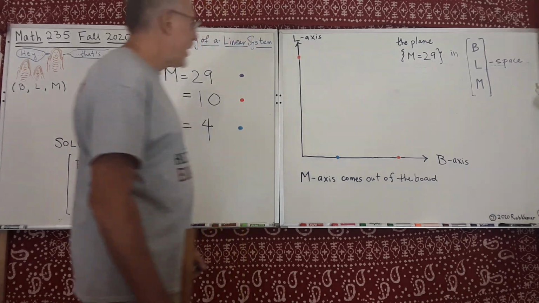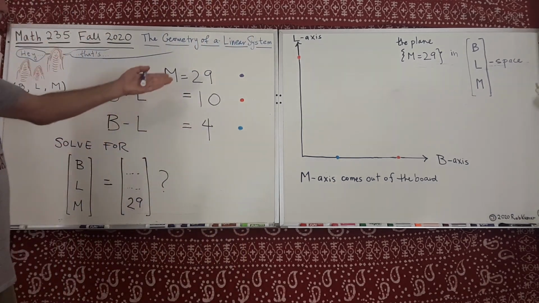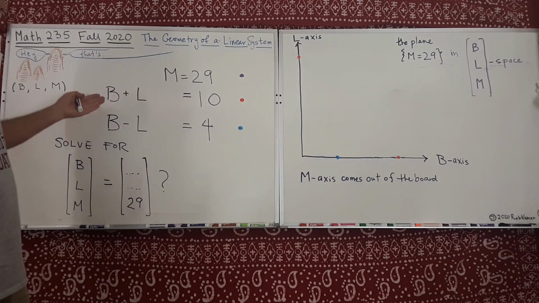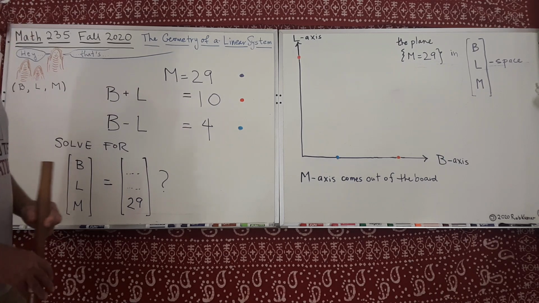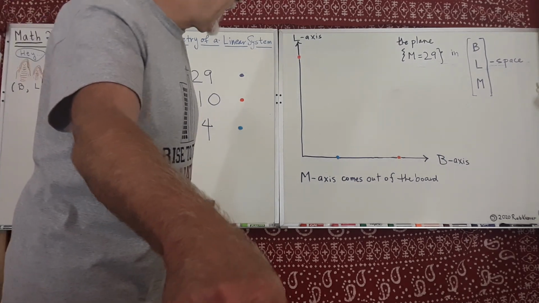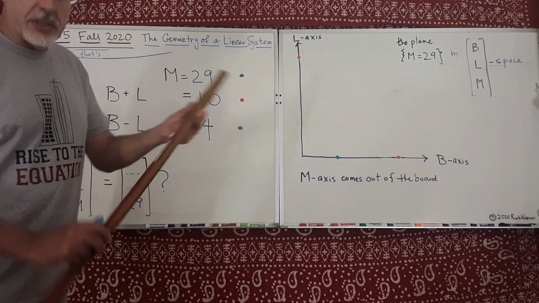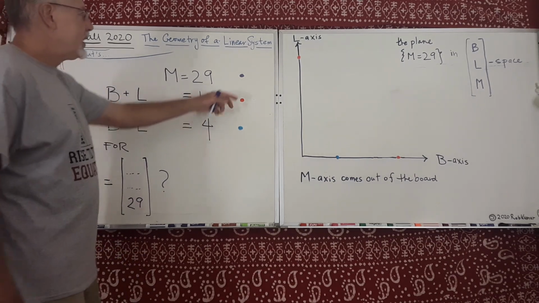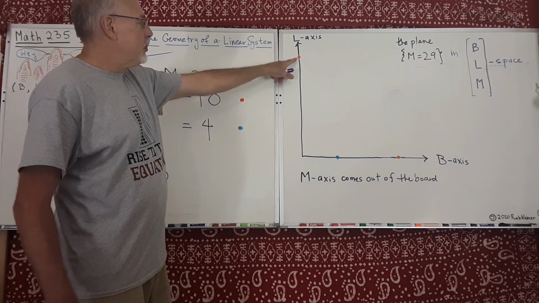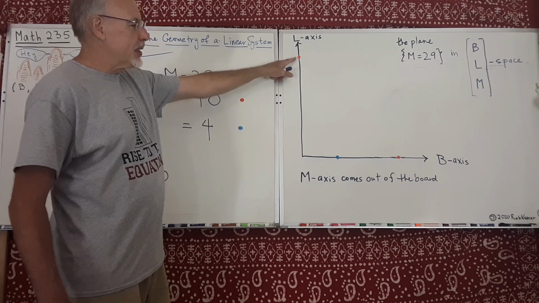So what are those equations? I mean, what do those equations represent? Well, in the plane, this will be a line, and this will be another line in the plane. What are those lines? Let's see if we can figure that out. One solution to b plus l equals 10 occurs when b equals 0 and l equals 10.